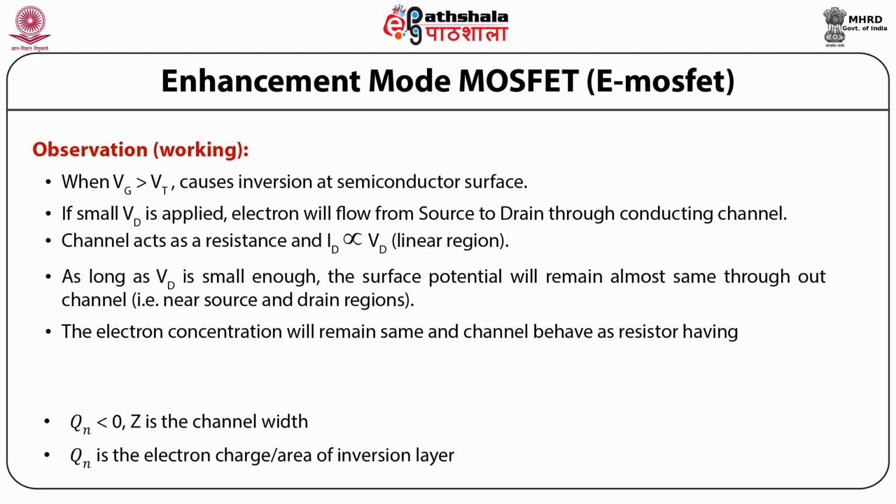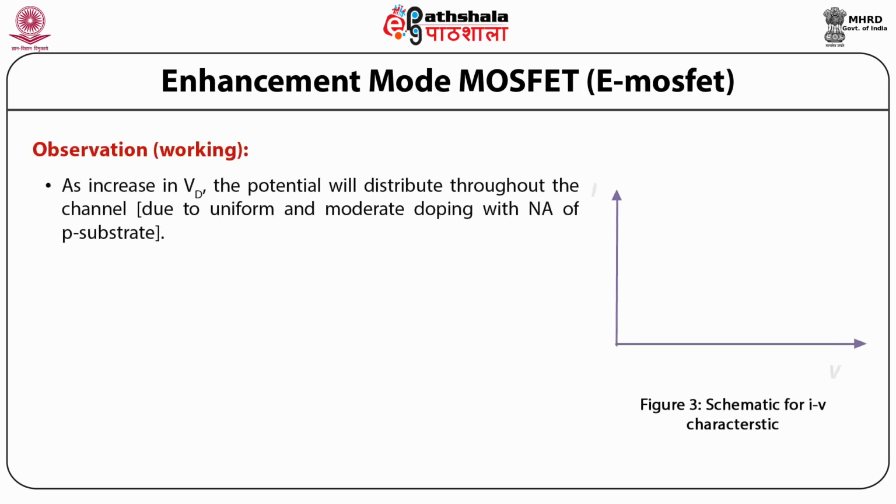Now, as Vd increases, the potential will be distributed throughout the channel due to the uniform and moderate doping Na of the p substrate. Source and substrate are connected and are grounded.